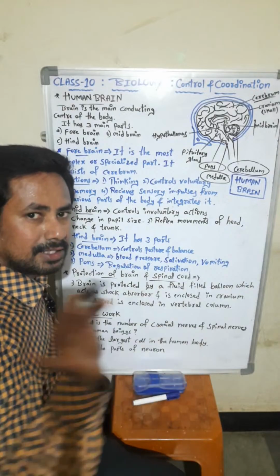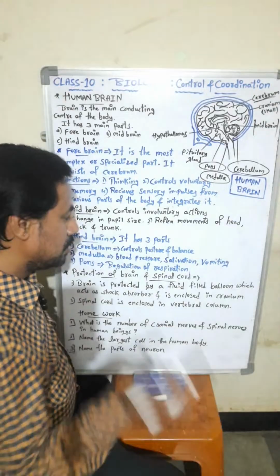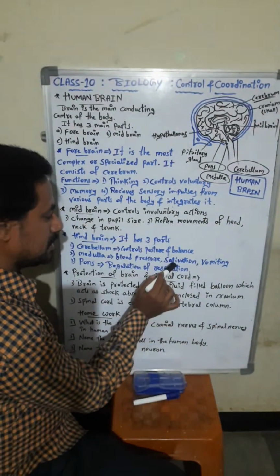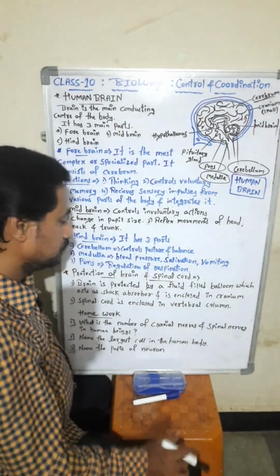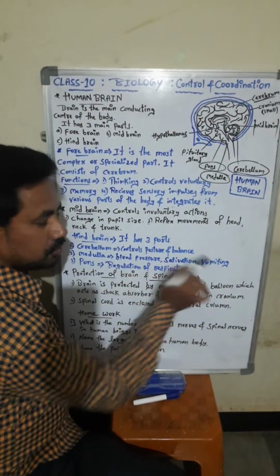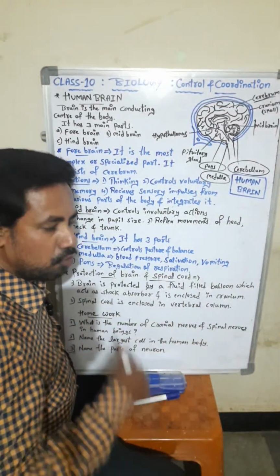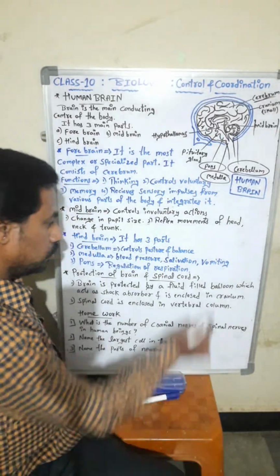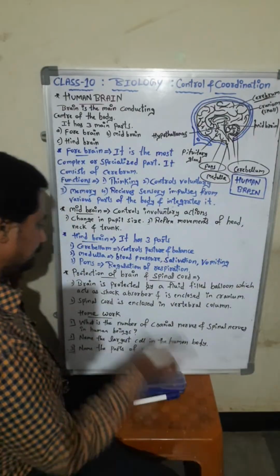These all come under salivary glands, which release saliva. Why does that salivation take place? Because of the medulla oblongata. First one is controls blood pressure, salivation, vomiting. Sometimes we feel a vomiting sensation and we vomit. Who does that? Medulla oblongata.